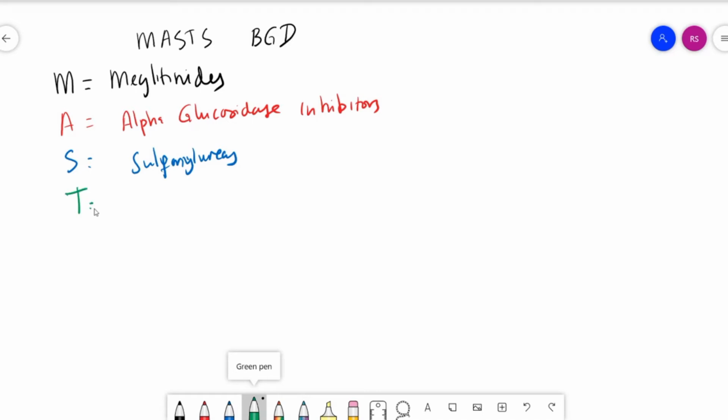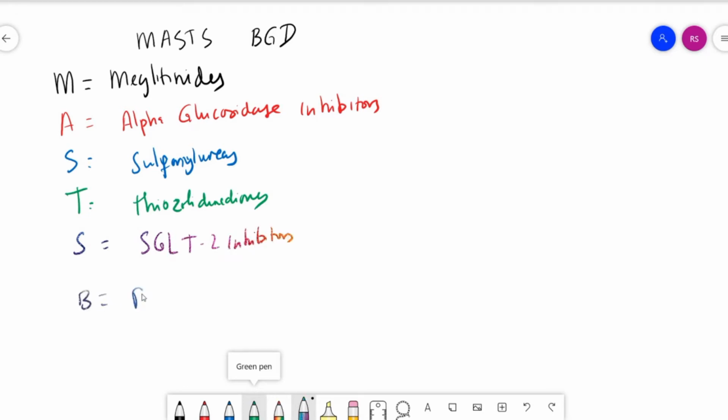The next is thiazolidinediones. The next S is SGLT2 inhibitors. B is biguanides. This one would be GLP-1 agonists, and the D is DPP-4 inhibitors.